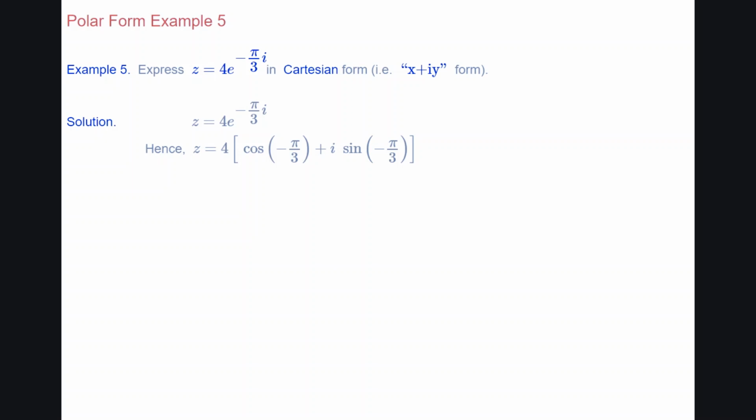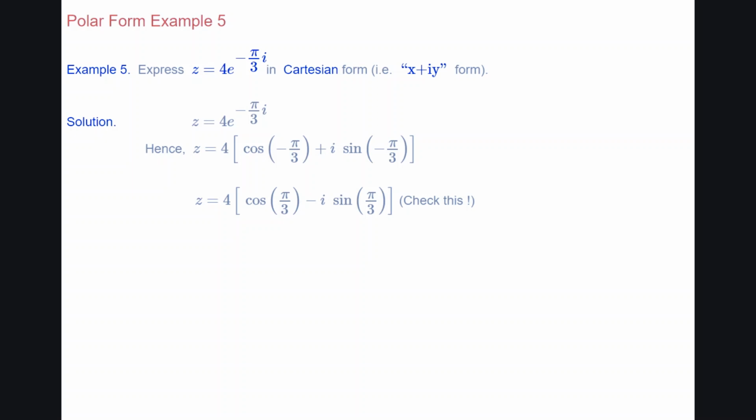And now we know that the cosine function is an even function, so cos minus pi on 3 is the same as cos plus pi on 3. And the sine function is an odd function, so that sine minus pi on 3 is minus sine pi on 3.